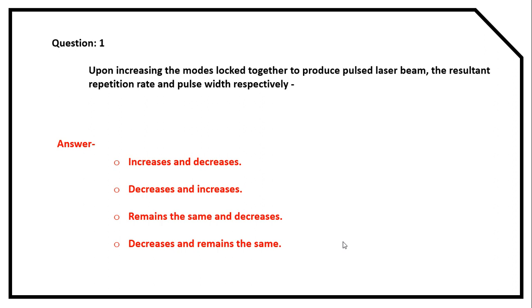Earlier we had studied what a mode locked beam is, so I'll give a quick revision of what we learnt in the last session. What is a mode locked beam?